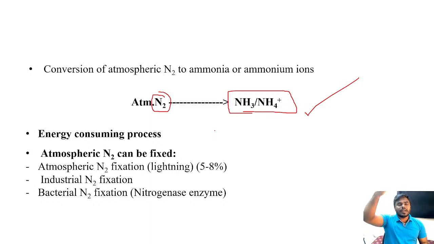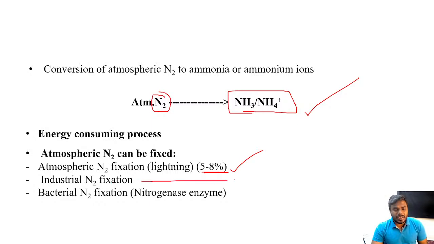You know, when natural lightning comes, natural lightning also fixes nitrogen, but not to a great percentage. Natural lightning fixes nitrogen up to 5 to 8%. Do not forget that. At the same time, friends, we can fix nitrogen industrially also. We read in our +2 level about a process called Haber's process. I hope every student remembers.